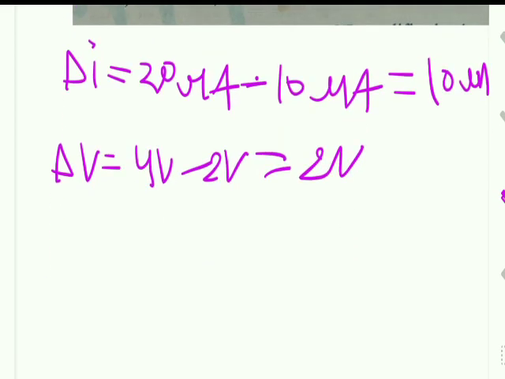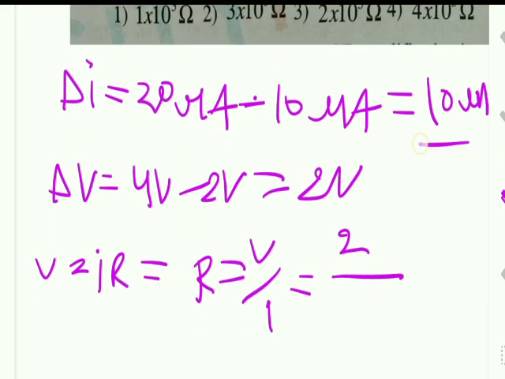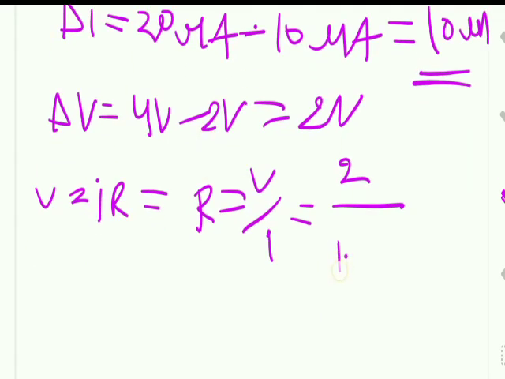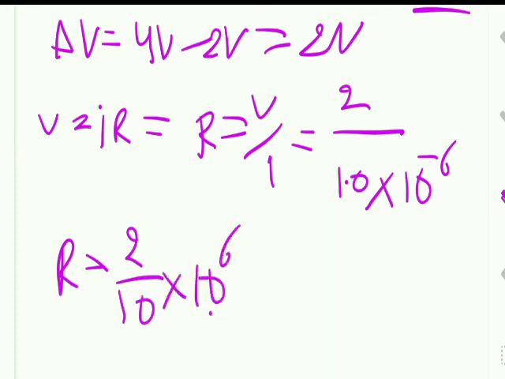He is asking for resistance. From the formula V is equal to I into R, then R is equal to V by I. V is equal to 2, I is equal to 10 microamps, converted into amps, that is 10 to the power of minus 6. So R is equal to 2 by 10 into 10 to the power of 6.